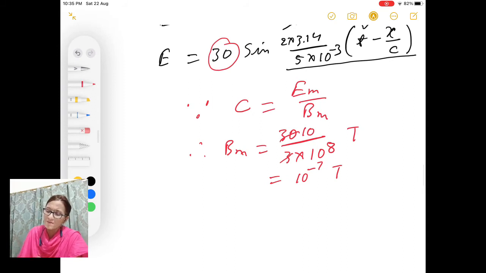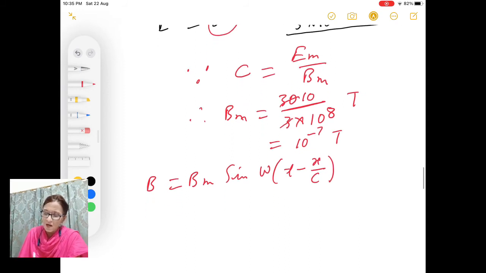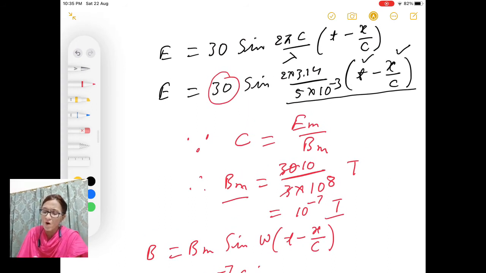Now you can write the equation for magnetic field. Magnetic field is equal to Bm sine omega t minus x by c. So now let us put the values of all these. Magnetic field amplitude from here is 10 to the power minus 7, and the sine part I will be repeating from the wave of electric field.